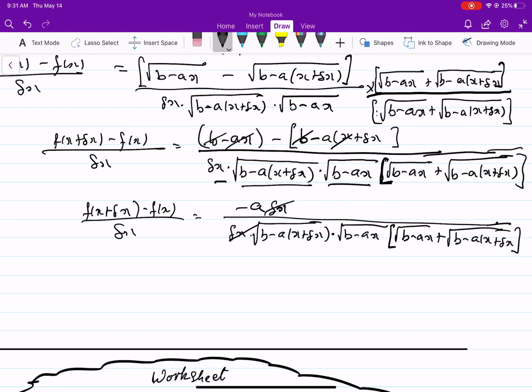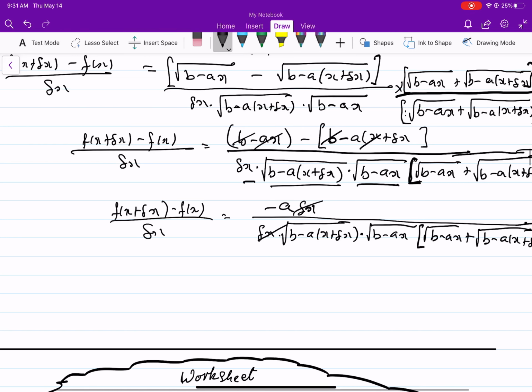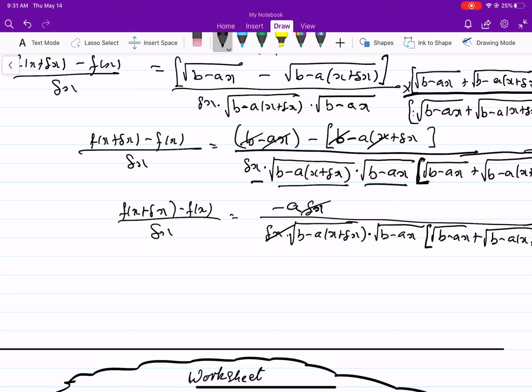What's left for the expression for f of x plus delta x minus f of x all upon delta x?